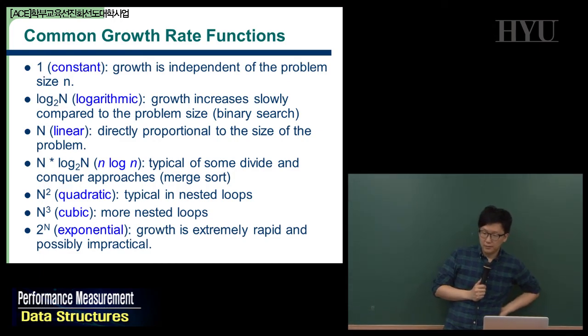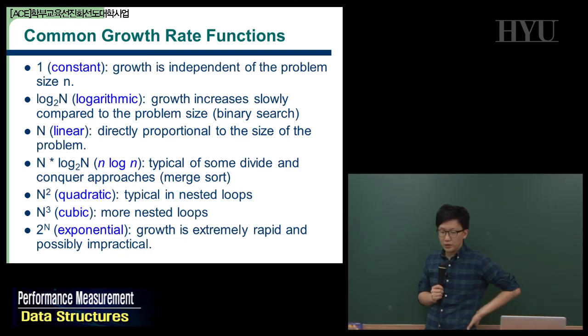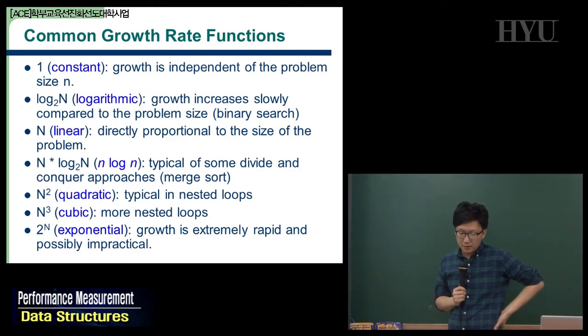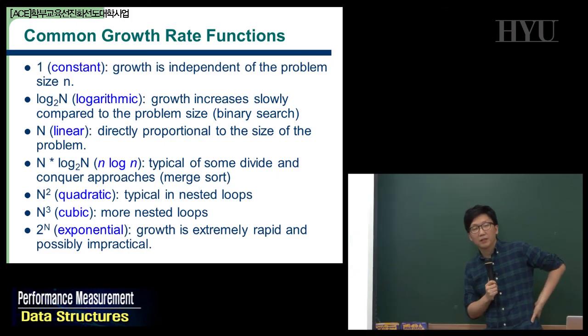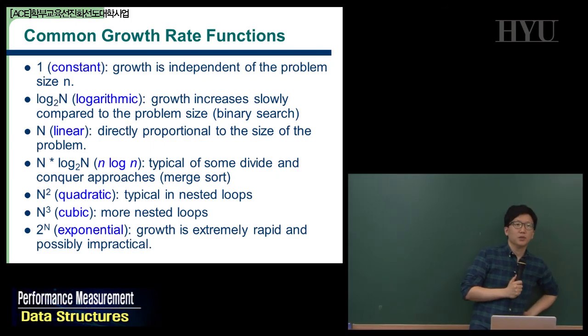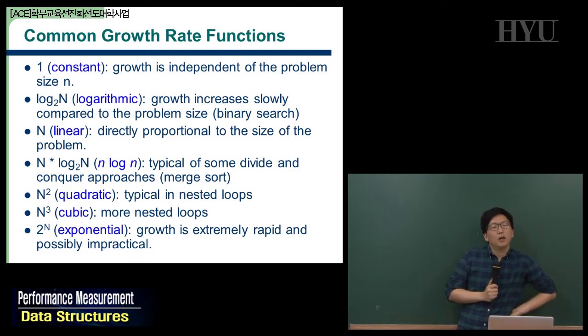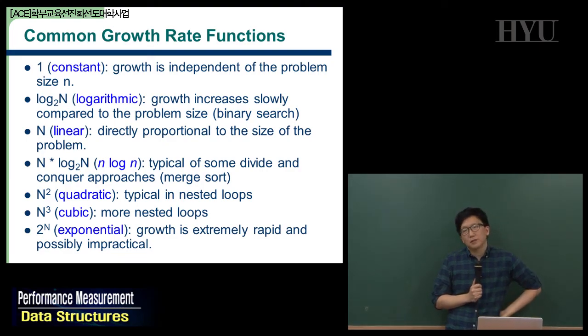Linear. No. N times log n. Typical divide and conquer approaches. Sorting examples are good examples of divide and conquer. You divide a list into halves, you sort, and then you merge it later.